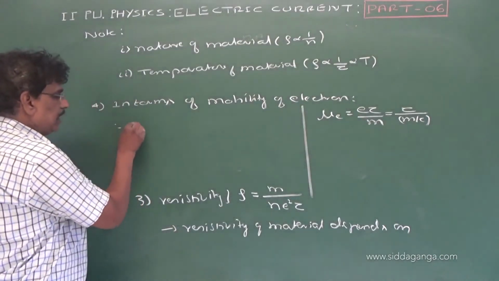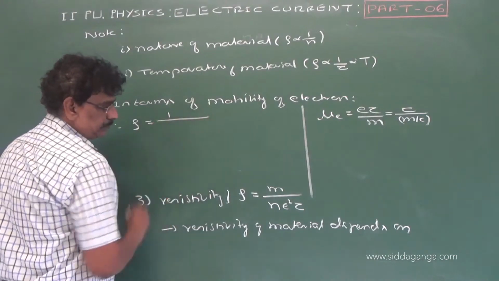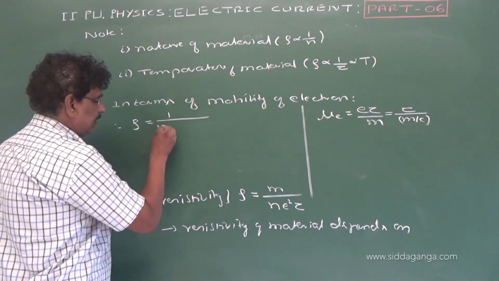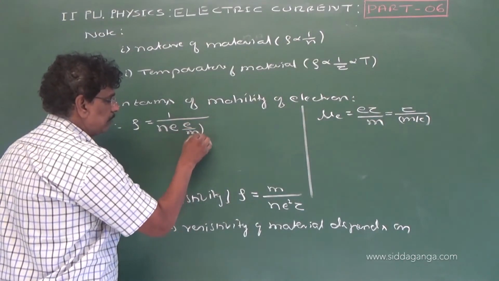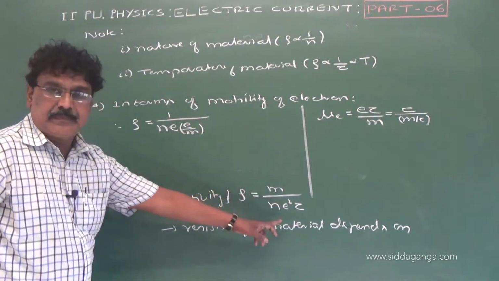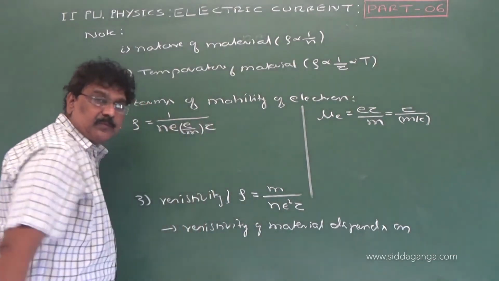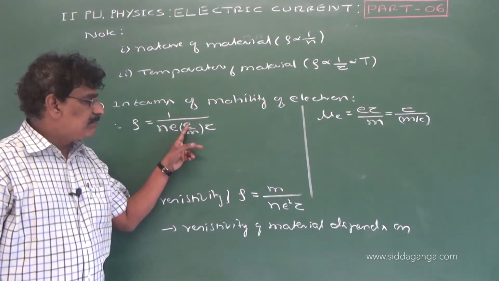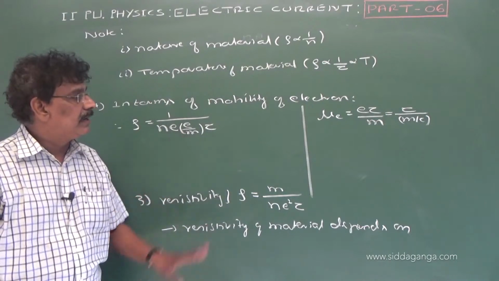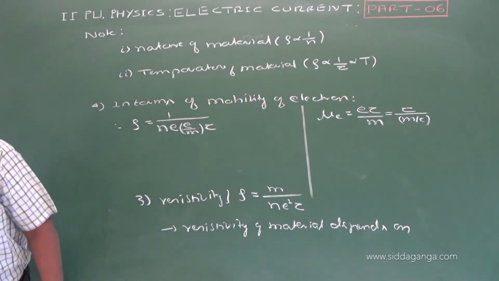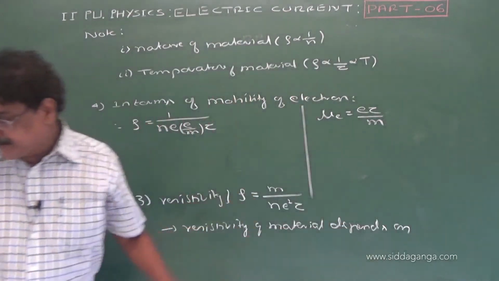Therefore, ρ is equal to 1 over n, e by m into τ.